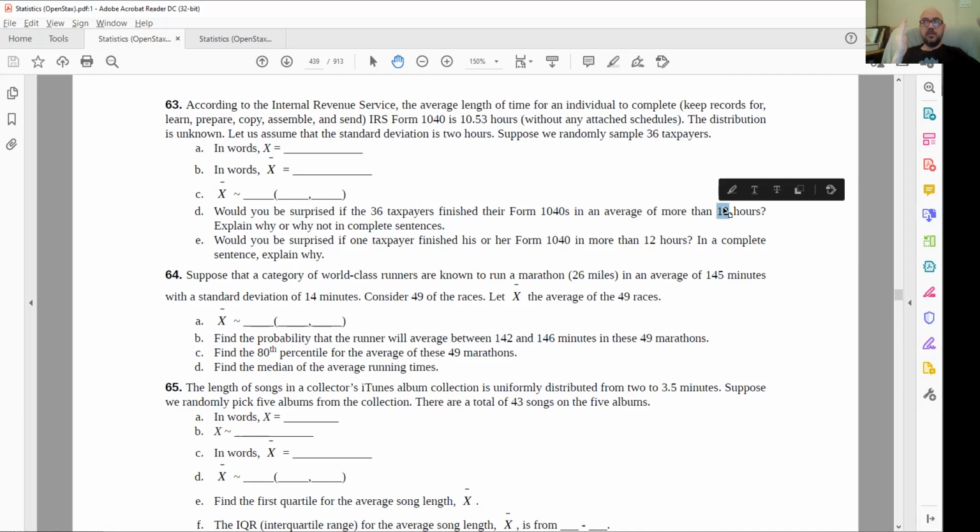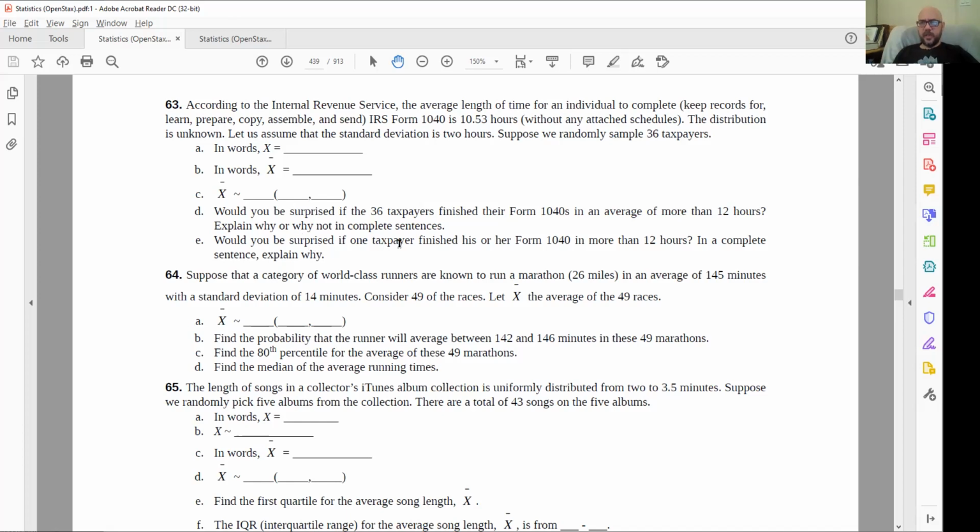So it would be like 0.15% for an average of 36 taxpayers to finish their 1040s in 11.5 hours, let alone 12, which is another 1.5 standard deviations. So it's really, really unlikely that the average would be more than 12 hours for 36 taxpayers.